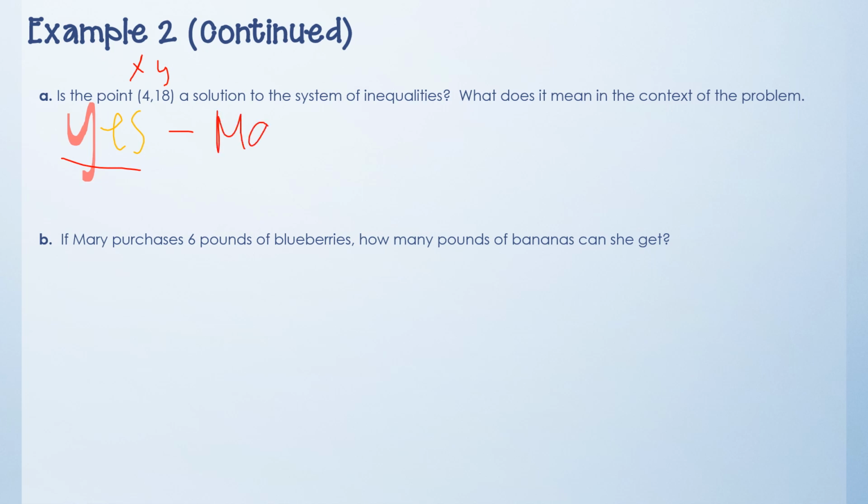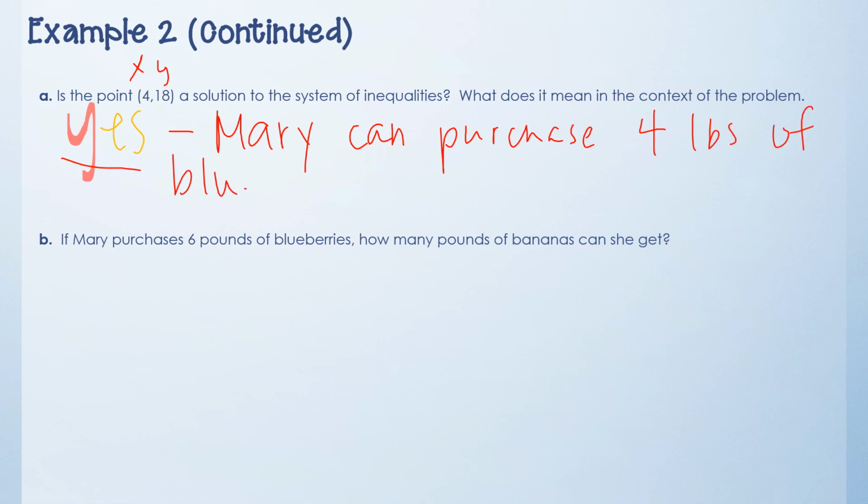So this means because it is a solution, Mary can purchase 4 pounds of blueberries and 18 pounds of bananas.